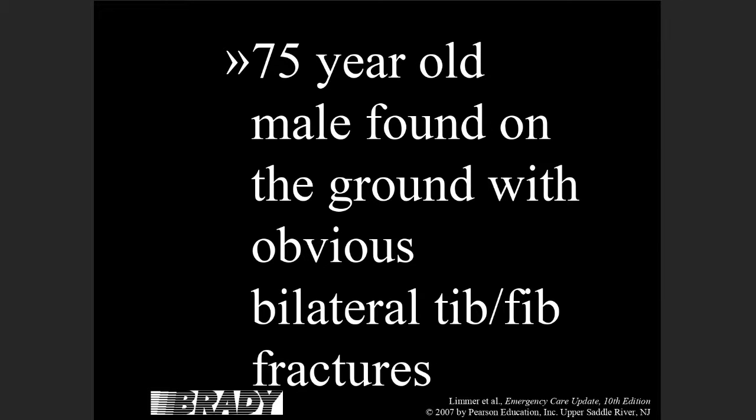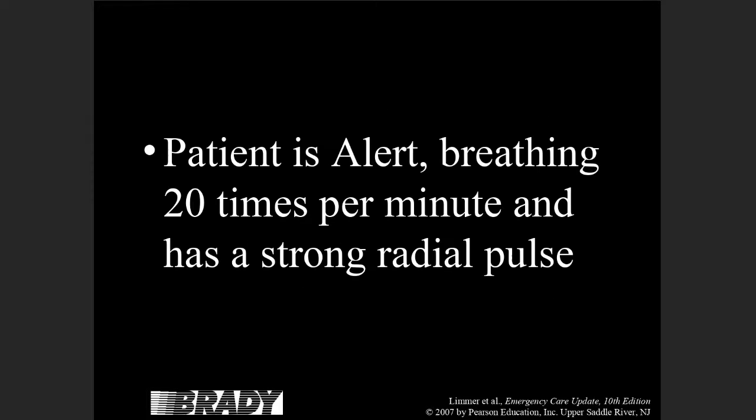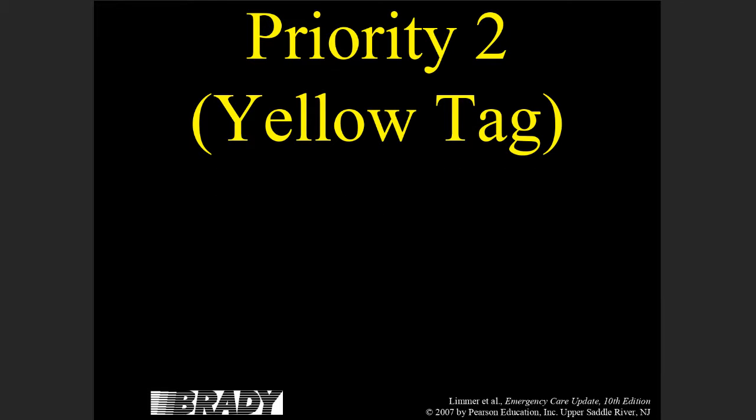Do we know about his perfusion? Do we know about his respirations? So quick to jump the gun. So, patient is alert, breathing 20 times a minute, and has a strong radial pulse. What would you call him now? Still 2. But now you can say 2. All right, yes, priority 2.